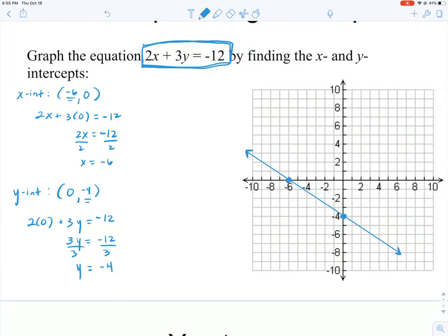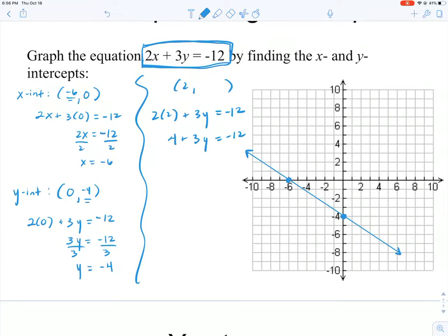So for example, if we wanted to find the y value that went with x equals 2, we could substitute 2 in for x and then solve for y. So that would be 4 plus 3y equals negative 12.